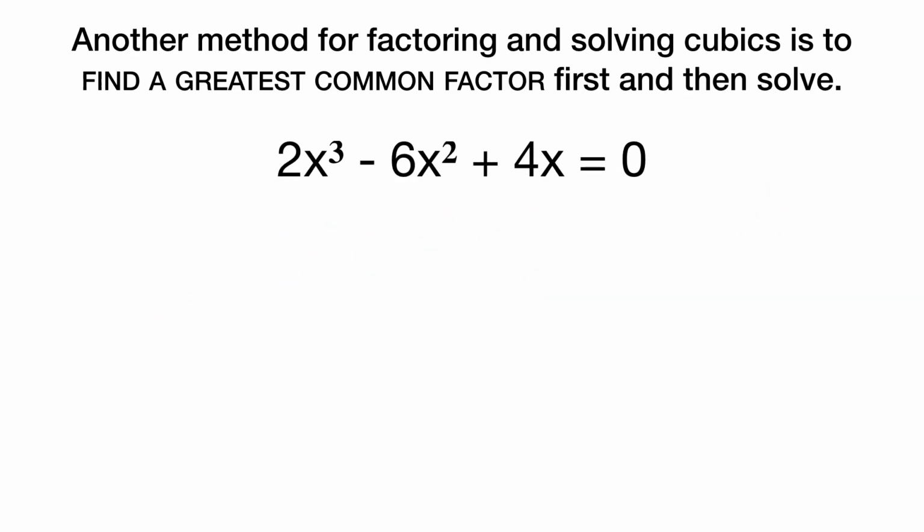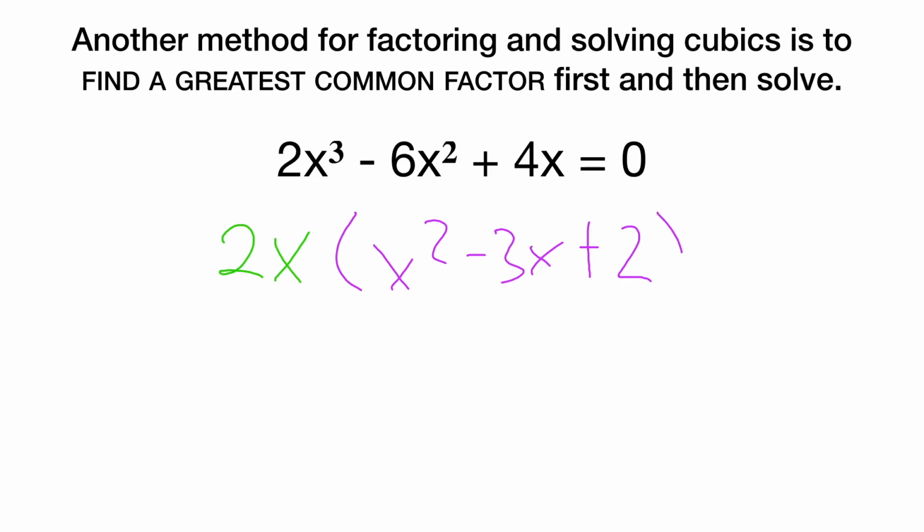All right, let's try this one. So our greatest common factor, all three of these actually have multiples of 2 and of x. So this becomes 2x times x squared minus 3x plus 2. So let's see, what are two numbers that multiply to be 2?